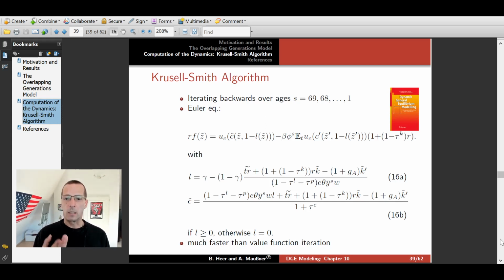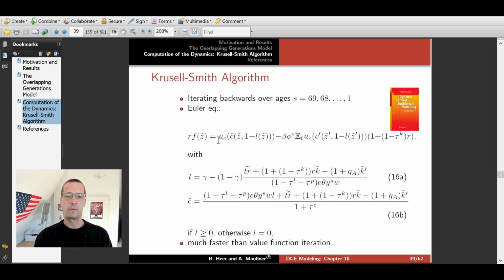Now let's take a look here at equations 16a and 16b, which are the optimality conditions, the Euler condition, and the optimal labor supply for a worker. The case for the retiree is much simpler because labor supply is equal to 0, so equation 16a drops from this equation. We can express the Euler equation as a residual function, for which we look for the root, for the solution that RF is equal to 0.